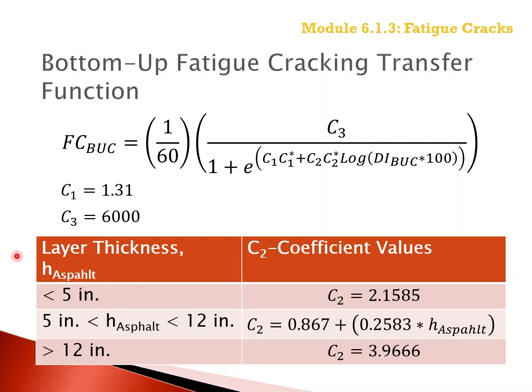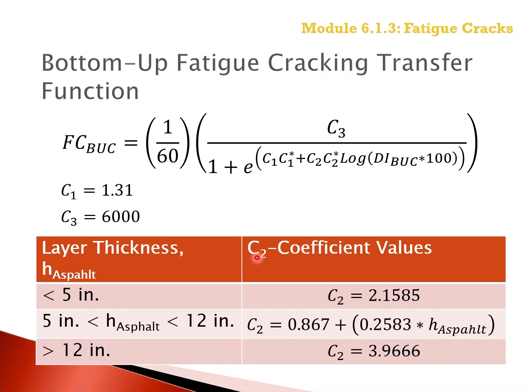As mentioned previously, the values for the calibration coefficients may vary between different publications of the MEPDG Manual of Practice, depending on the results of the calibration. The coefficients and exponents of the transfer function, however, are also included in the output report for the Pavement ME design software. So calibration coefficients C1 and C3 are constant.